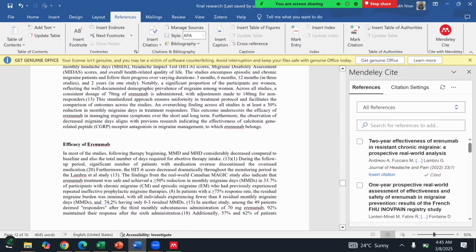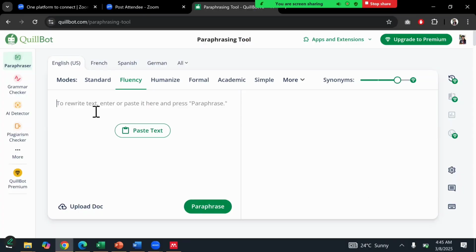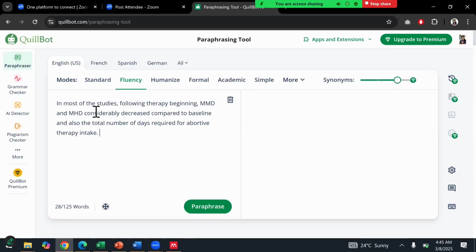For example, I'm not able to copy from Microsoft. So, for example, you are taking this line from some article. You would copy it and paste it here and paraphrase.